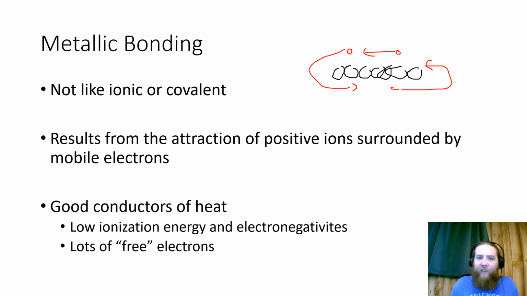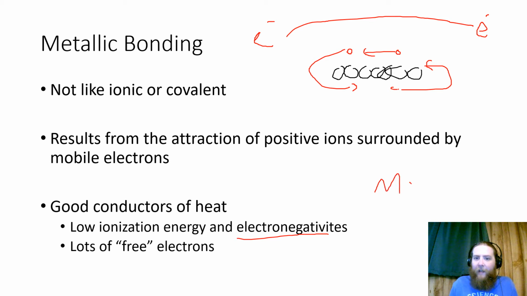Remember that electricity is just electrons moving through a wire. The same electrons end up over here. So they are good conductors of heat and energy, and they have low ionization energy and low electronegativities. They have lots of free electrons that they're willing to give away.